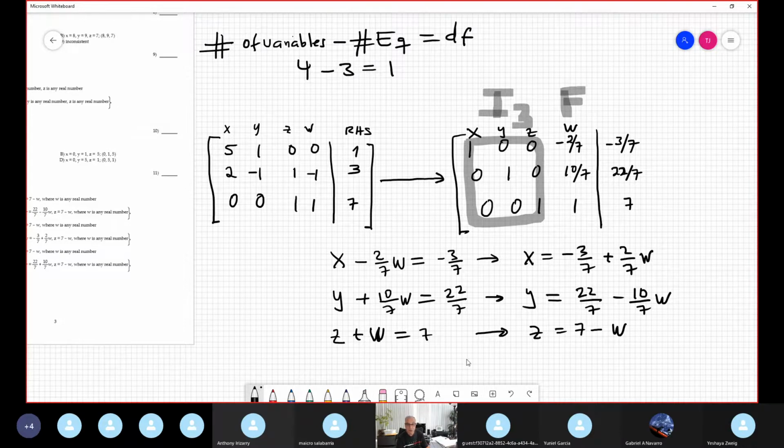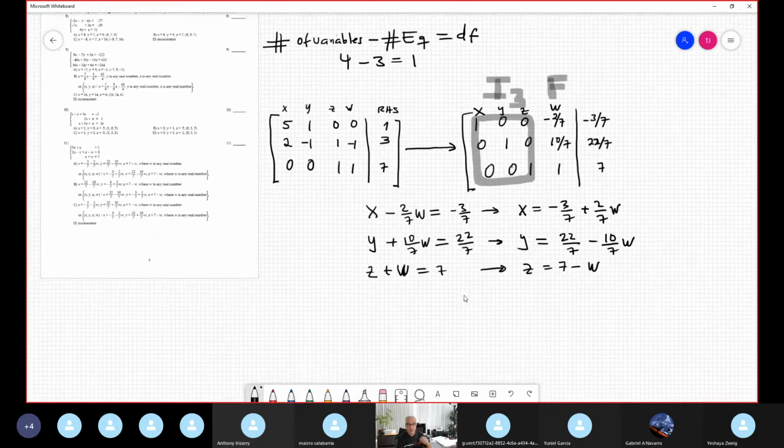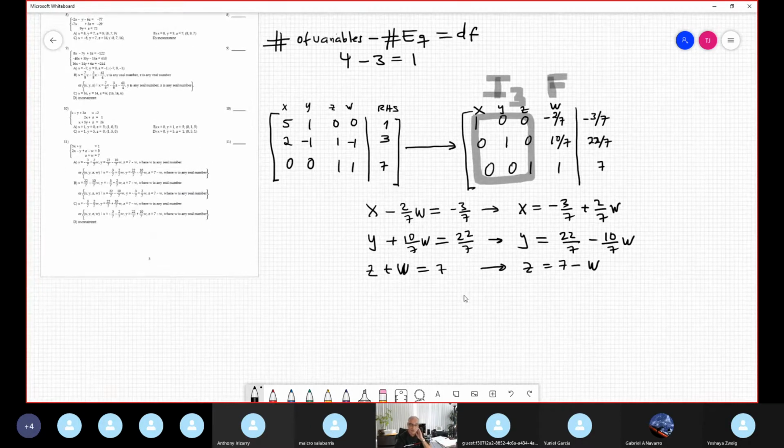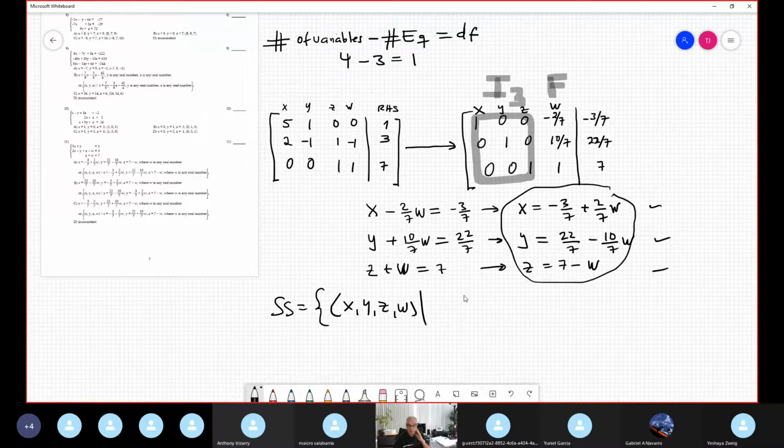So the solution is an object living in 4-dimensional space, because we have 4 variables. The solution set is (x, y, z, w) such that you copy this expression, this, and this inside here, and you declare that W is any real number.